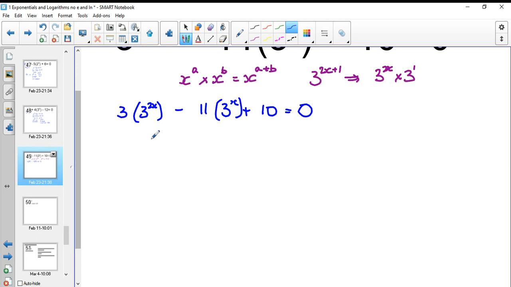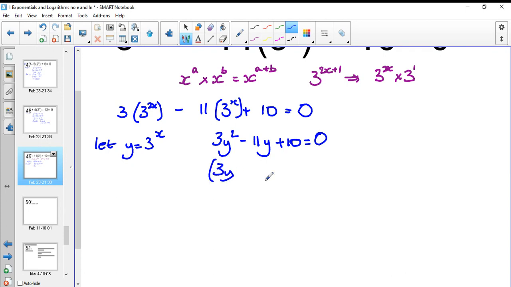Now if we do our substitution, so if we let y equals 3 to the x, we've got 3y squared minus 11y plus 10 equals 0. Now we can factorise. So 3 is prime, so we need a 3y and a y. That's positive and that's negative, so they must both be negative.